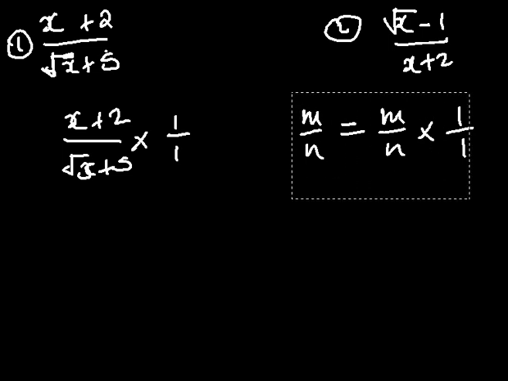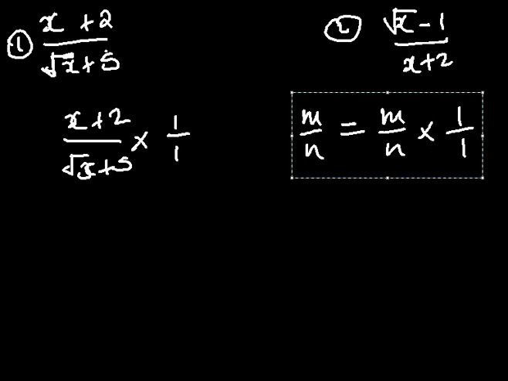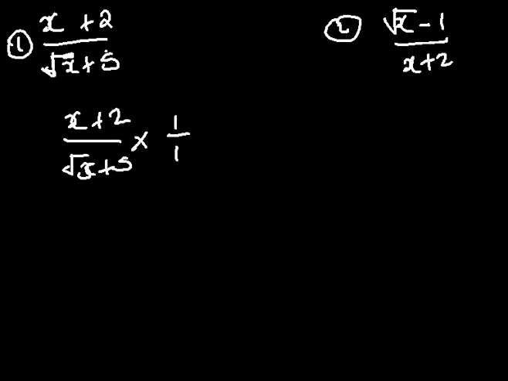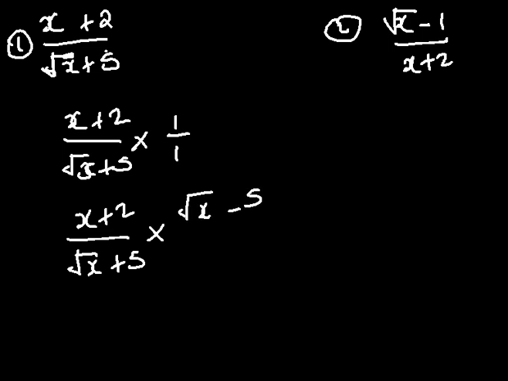Then how should we replace those ones? We should express this with the conjugate of the denominator. Which means we have (x + 2) divided by the square root of x plus 5, times the square root of x minus 5 divided by the square root of x minus 5.